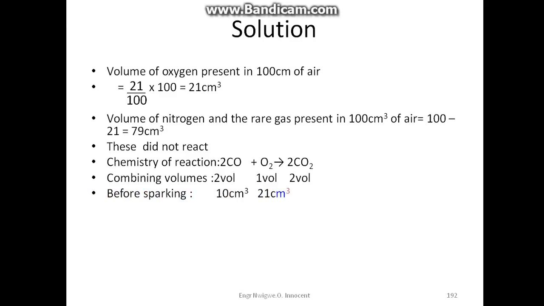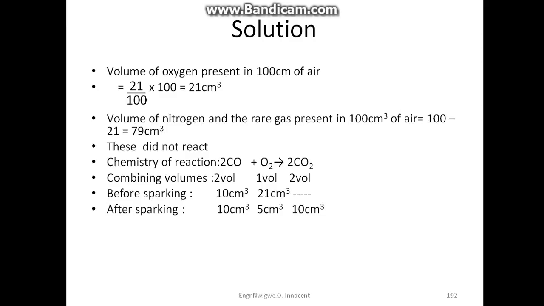Before sparking, 10 cm³ of carbon(II) oxide with 21 cm³ of oxygen, where the carbon(IV) oxide volume was not given. After sparking, 10 cm³ of carbon(II) oxide reacts with 5 cm³ of oxygen to give 10 cm³ of carbon(IV) oxide.